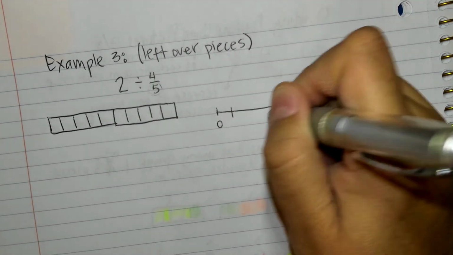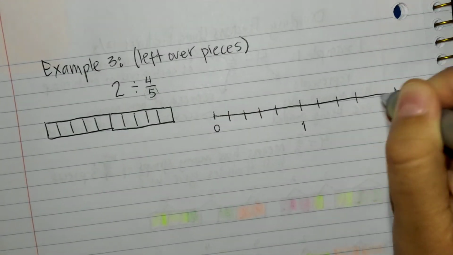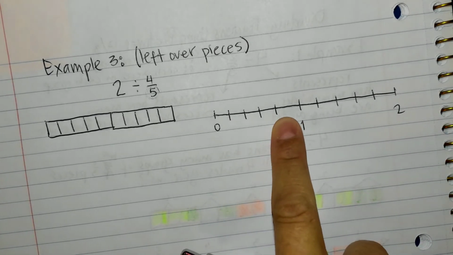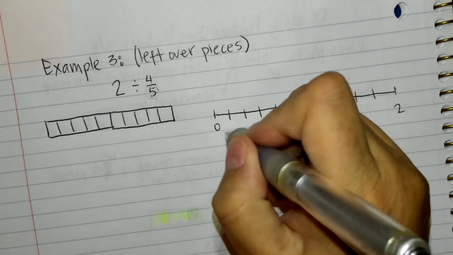Same over here. And you can see on my number line, this piece between 4/5 and 1 is a little bit bigger, but that's okay.